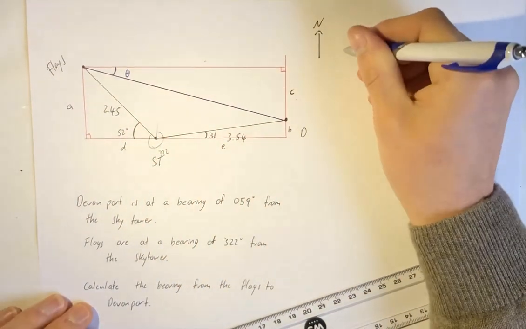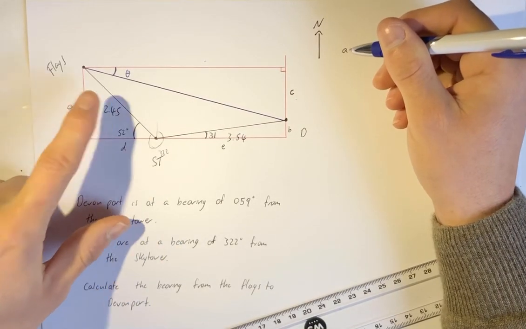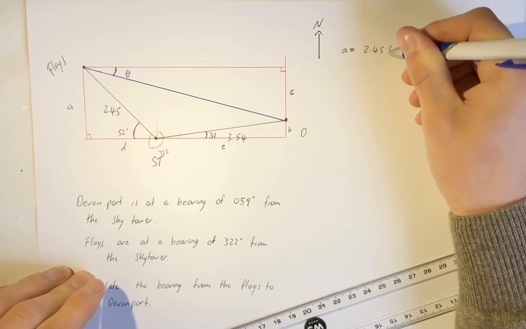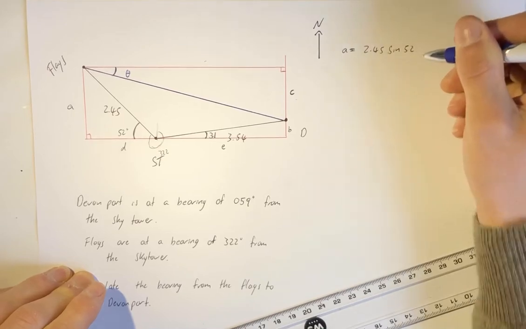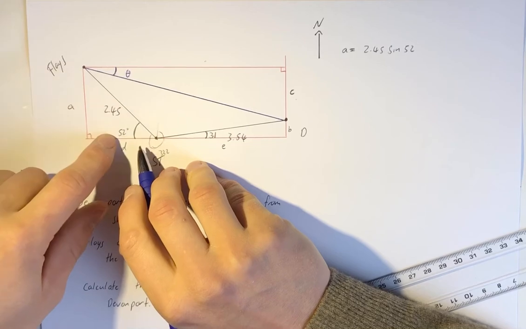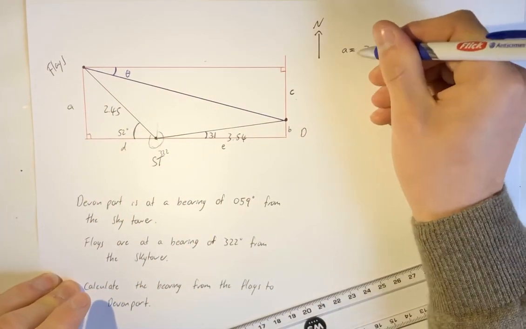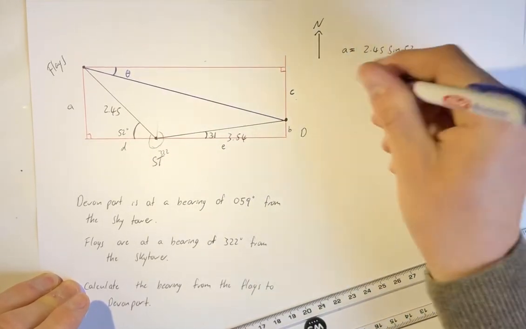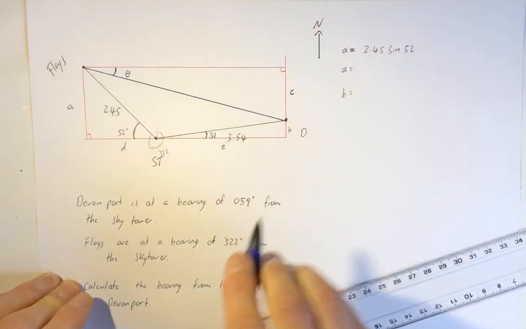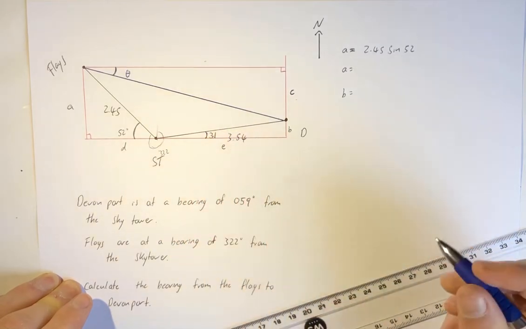Calculating A: A is O over H, so that's going to be 2.45 sine of 52, because that's opposite over hypotenuse. That gives me sine at that angle, so if I multiply by the hypotenuse, that is my working for A. B is O over H as well, so that's 3.54 for that line there.